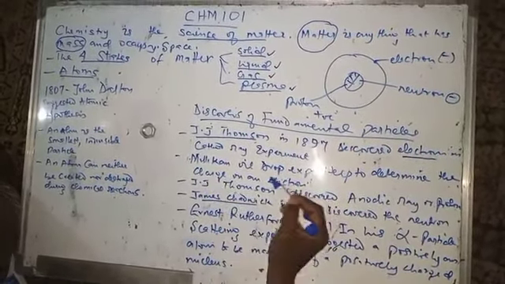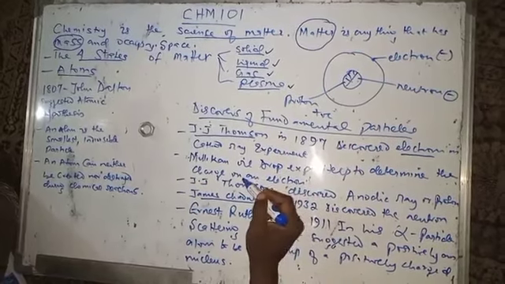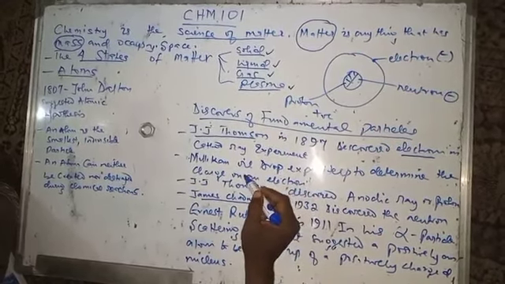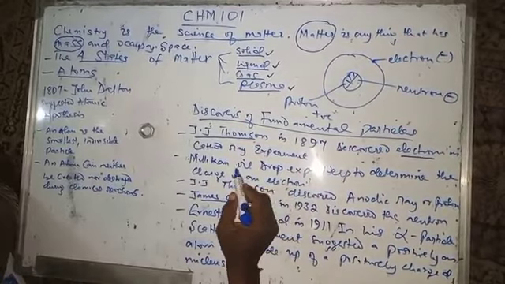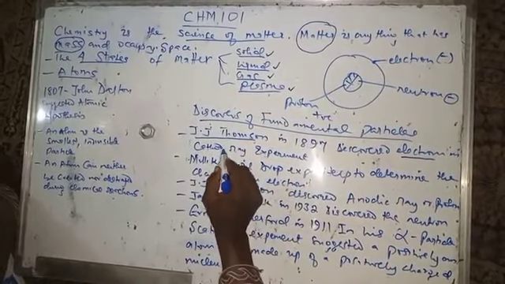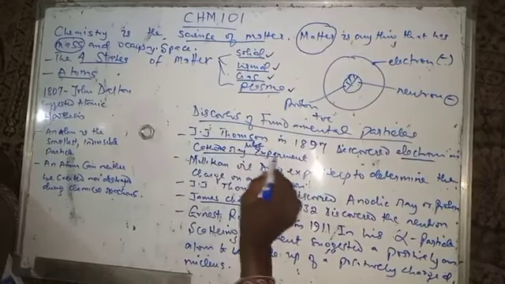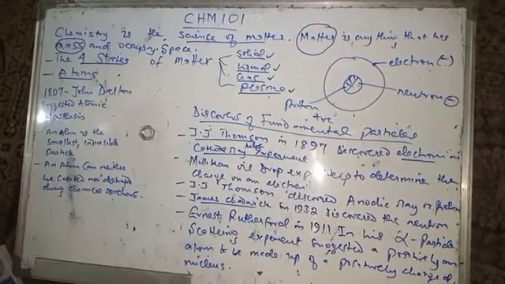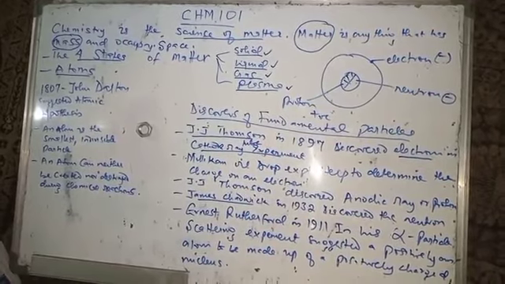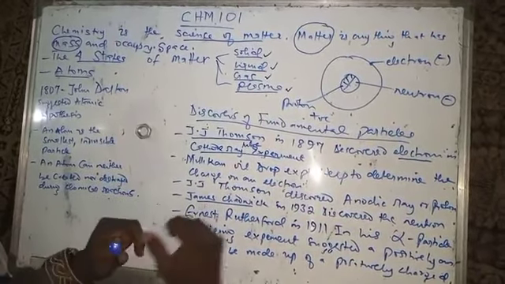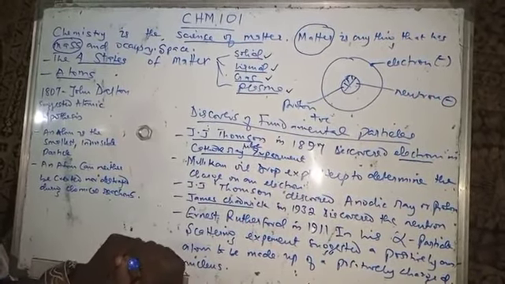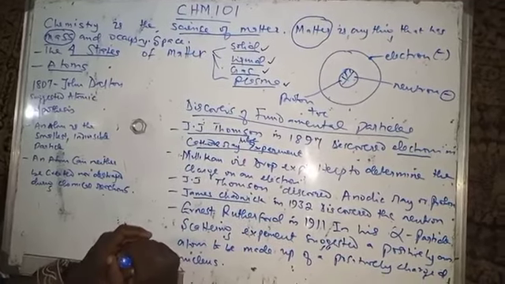That cathode ray, which is equivalent to an electron, he discovered in an experiment known as the cathode ray tube experiment. He subjected a gas to a very high voltage and a very reduced pressure.